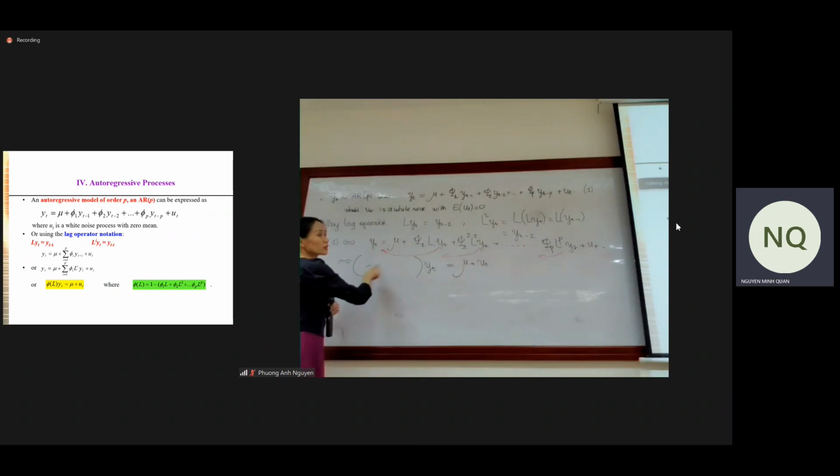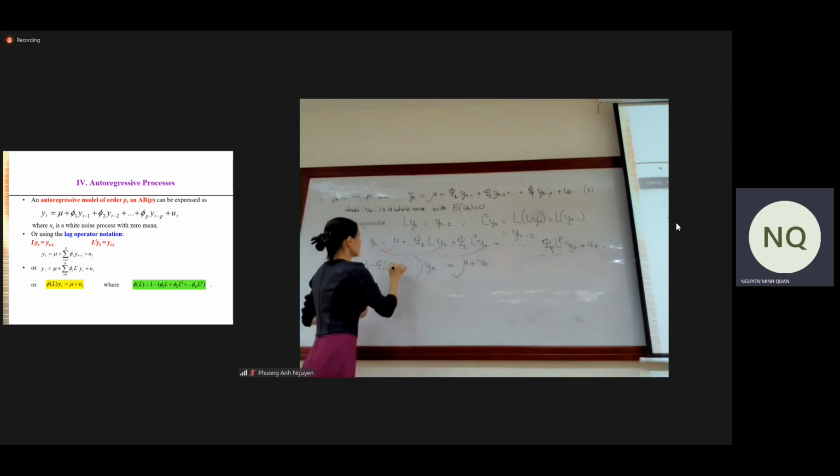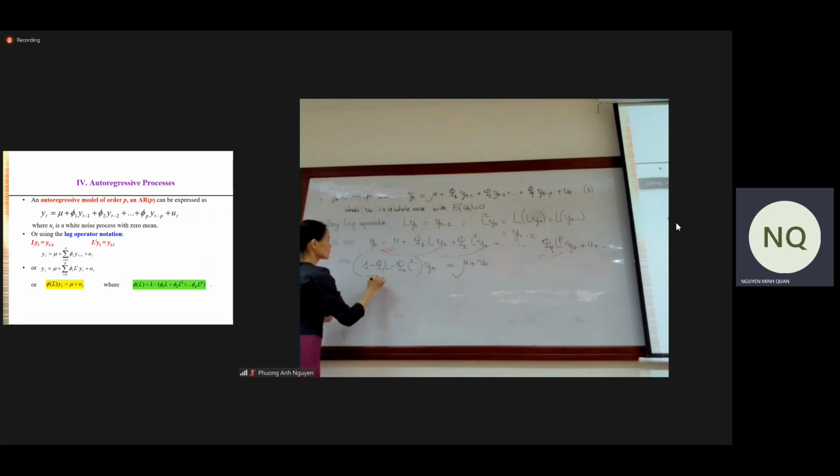What is inside the brackets? First of all, we have 1 minus phi_1 L, minus phi_2 L squared, and the last term will be phi_p L^p. We call this phi(L), the big thing.